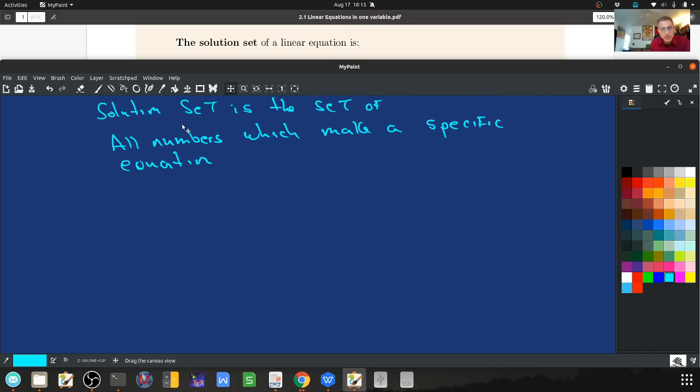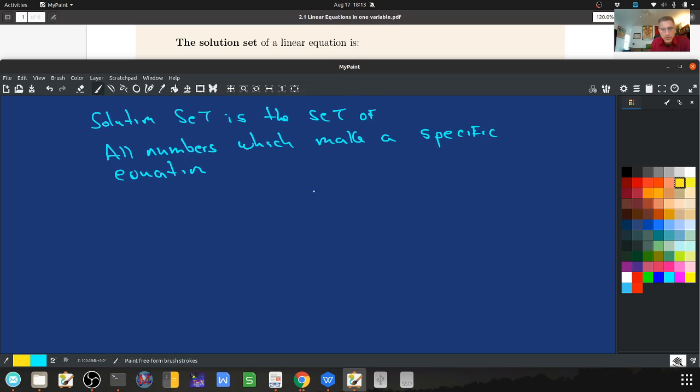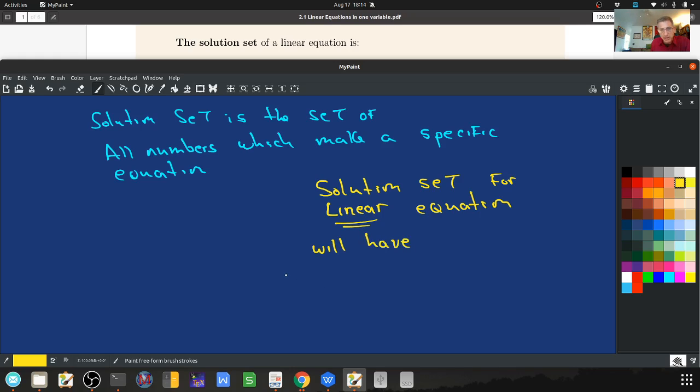As it turns out, for the solution set of a linear equation, there are 3 possibilities. This is only for linear equations, very important. What I'm telling you only holds for linear equations. The solution set will have, there are 3 options on our menu.